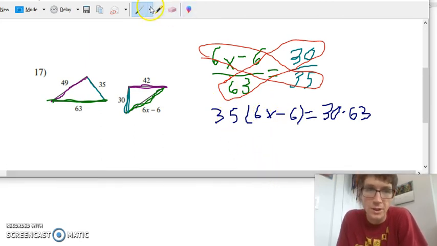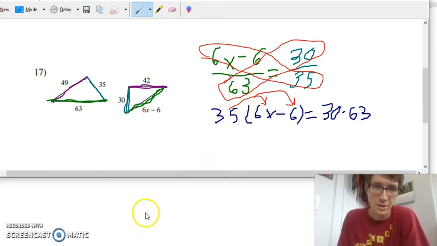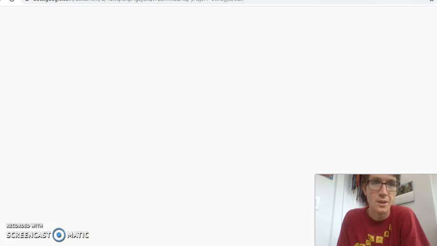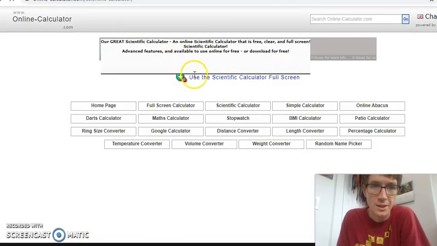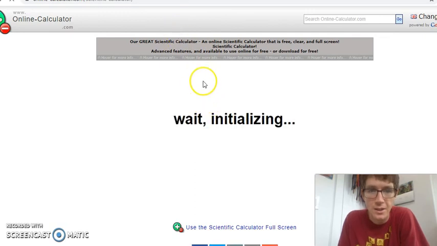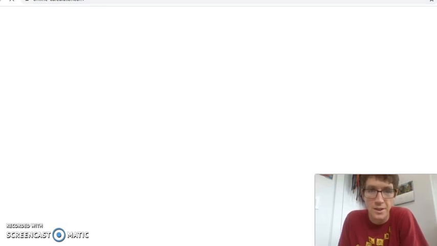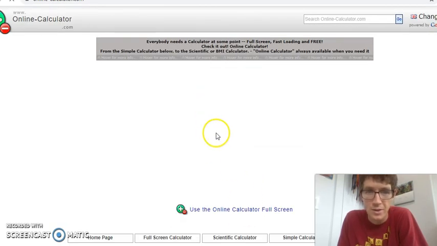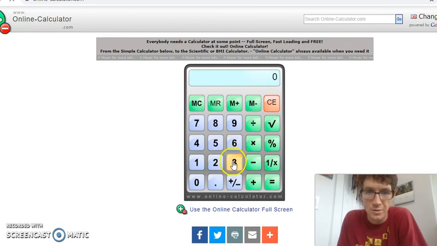Okay, so over here, we have to distribute the 35 to both these things, to the 6x and the 6. So let's figure out what 35 times 6 is. We can use this calculator. 35 times 6 equals 210.